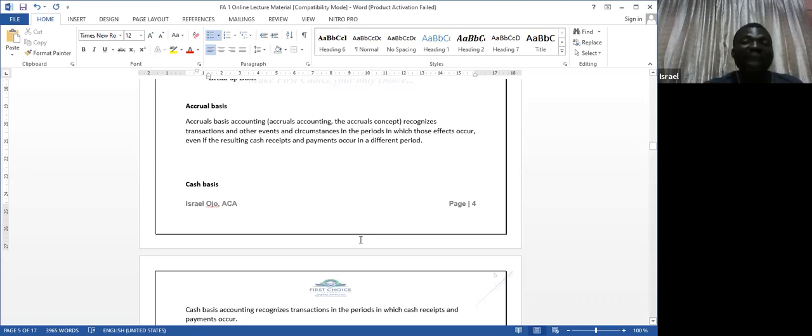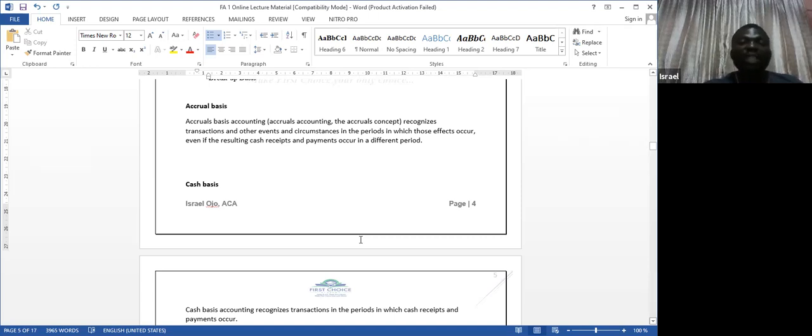It means I've incurred that rent, so I will record it as if I've paid it. I will record it in my financial performance that I've incurred it, but put it under liabilities that I've not paid for it.